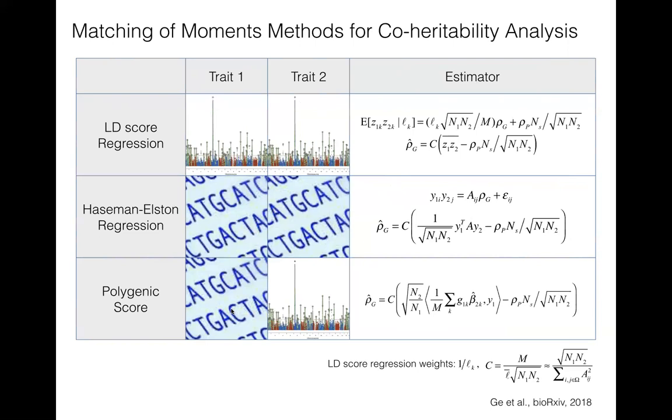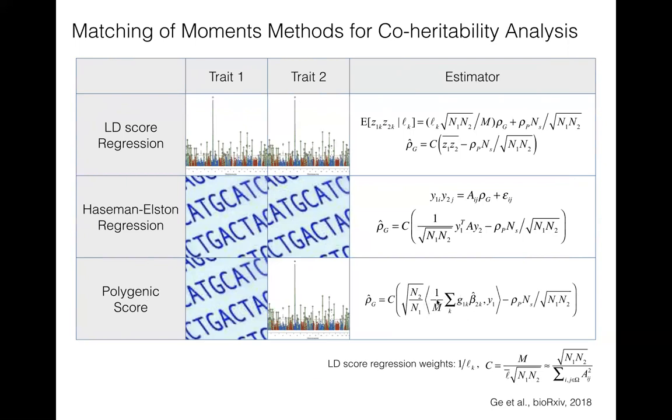If you have the actual genotype data for one trait and GWAS summary stats for the other trait, we also have this polygenic risk score type of representation, where we take the effect sizes estimated from the GWAS of the second trait to weight the genotype of the first trait. And this weighted average will give a polygenic score.